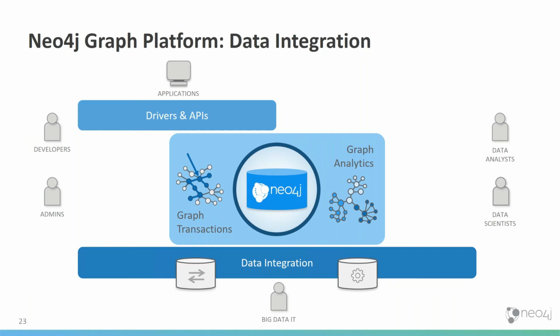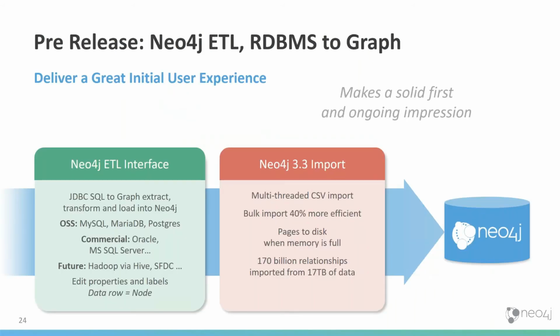So let's now transition very quickly into data integration activities, and here we'll look a little more deeply into the Neo4j ETL capabilities and what we're going to end up offering here, and then how that relates to the 3.3 importer and some of the things that I just mentioned earlier.